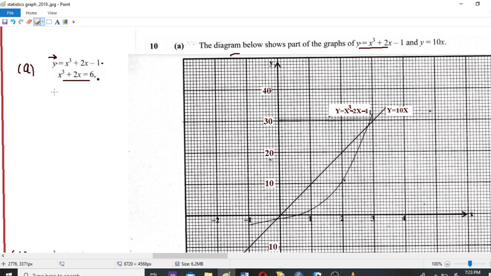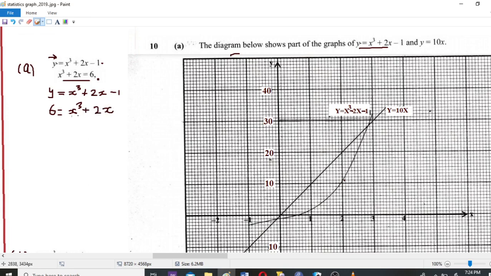If you want, you can rearrange if you are getting confused. So you have x cubed plus 2x minus 1. Again, you can rearrange so that you can get your 6 here, so that this side you can have again x cubed plus 2x.